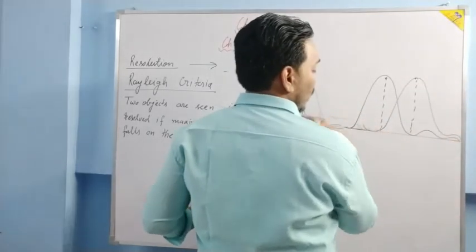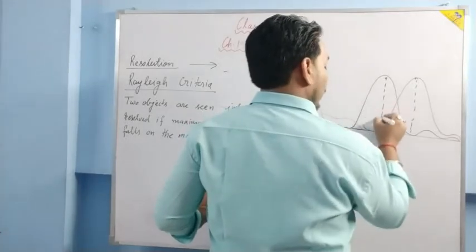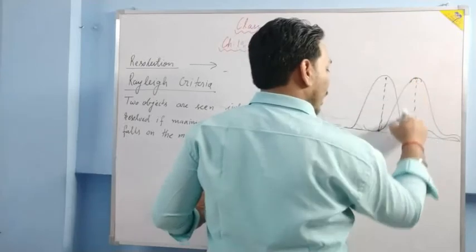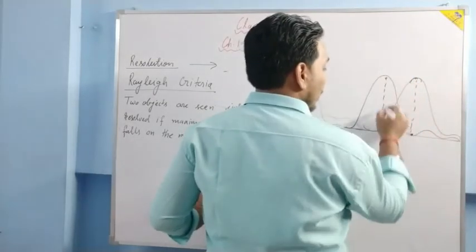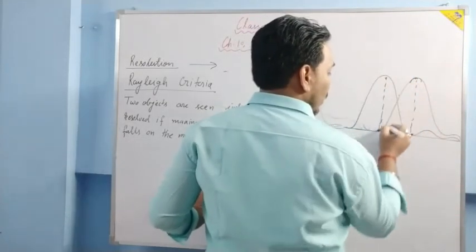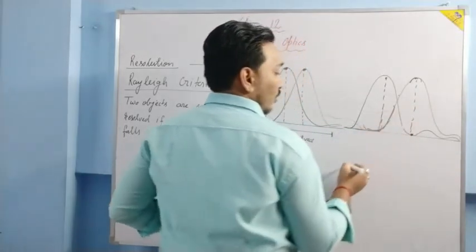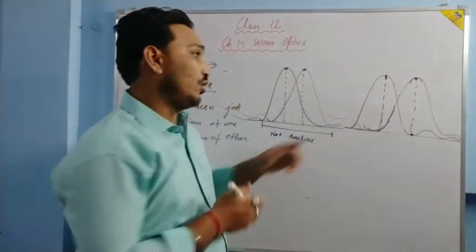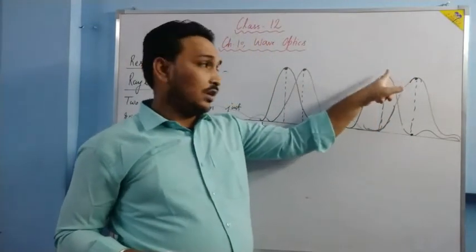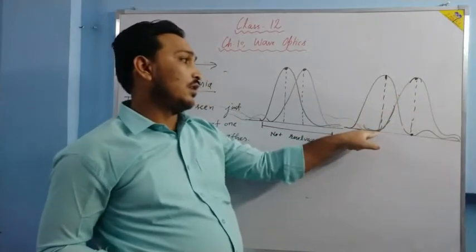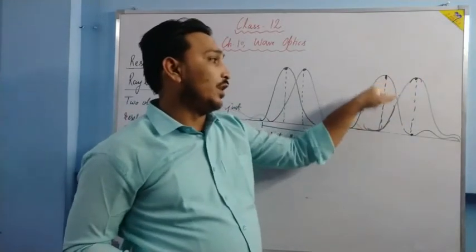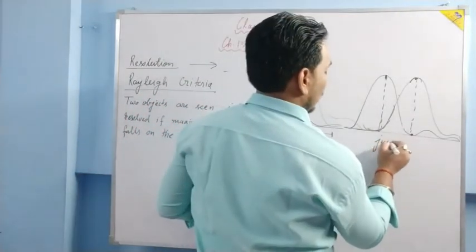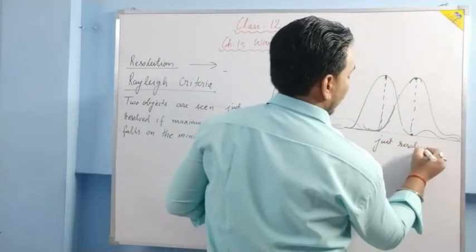Just see, at this point, this maximum falls on the minimum of the other one, and this maximum falls on the minimum of this one. So this is the condition of just resolved.